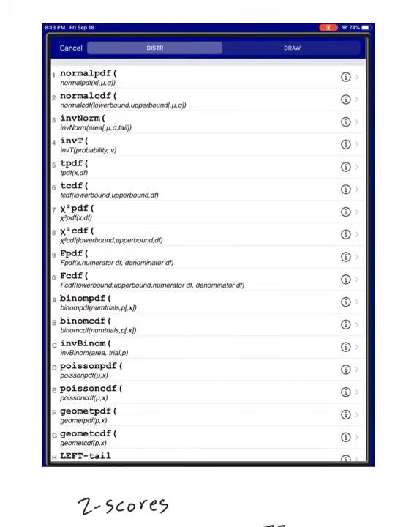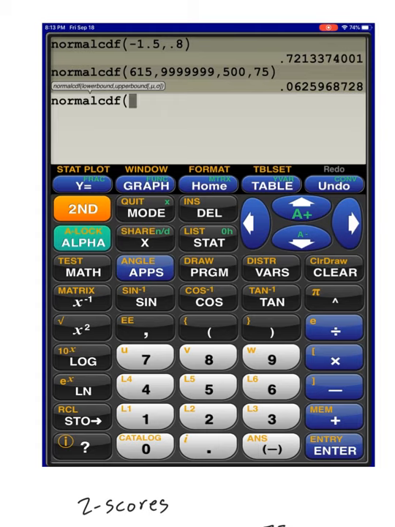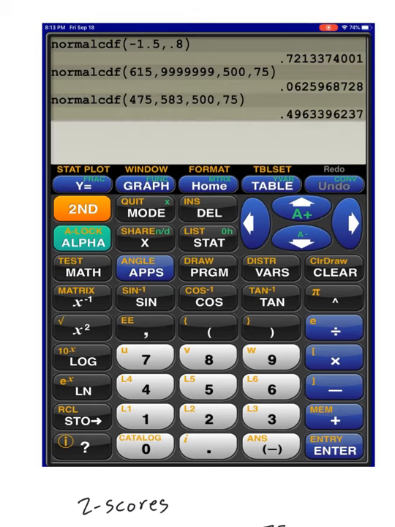Same thing here: normal CDF, lower bound 475, upper bound 583, and 500 is my average amount of apples, 75 is the standard deviation. The probability of getting that many apples is actually pretty high, 49.6%, or about a 50% chance of getting between that many apples in my bumper crop.